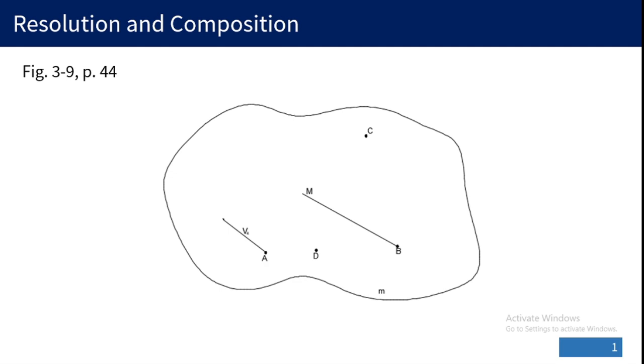This is figure 3-9 in the textbook, page 44. In figure 3-9, we have a body composed of 4 points where the velocity of point A is completely known, as it is represented by this velocity vector VA, while the velocity of B is not known in magnitude, but we know the direction and sense of its velocity, represented by the line BM.